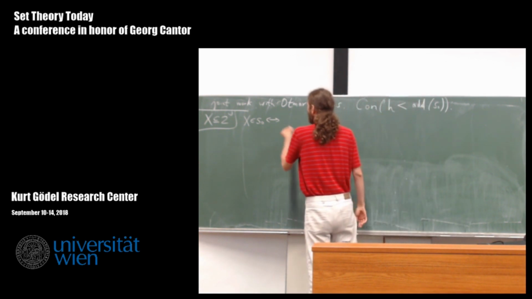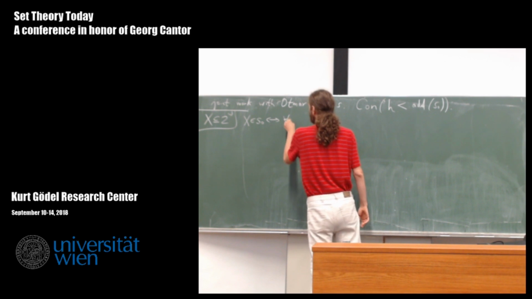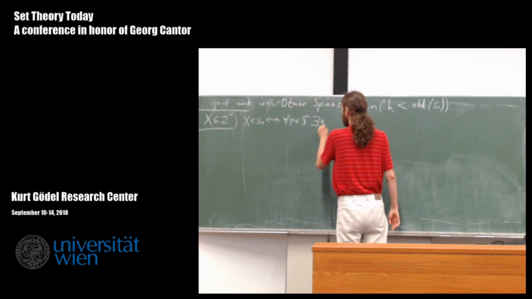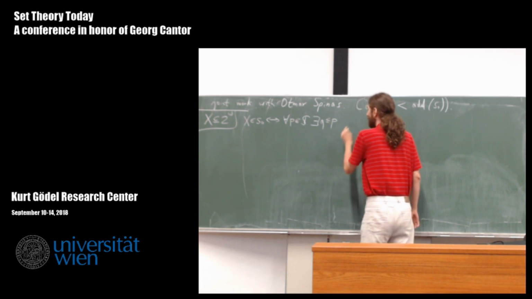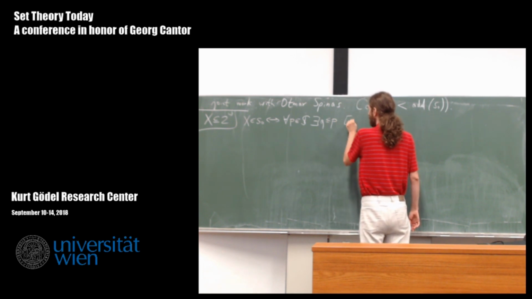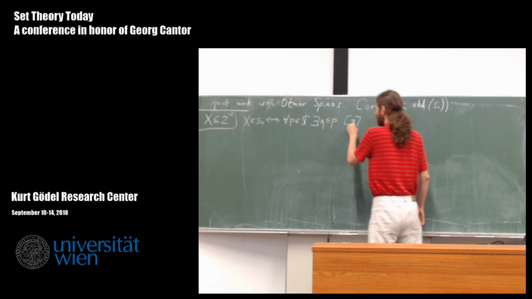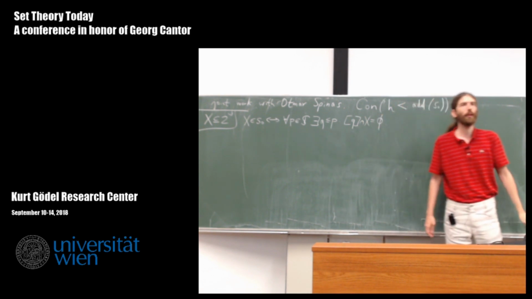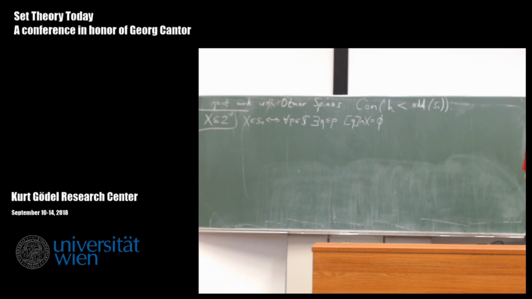So if for each perfect tree, a condition in Sacks forcing, there exists a stronger tree such that the body, the set of branches through this stronger condition, is disjoint from the set X. Okay, this is the definition of the Marczewski ideal.